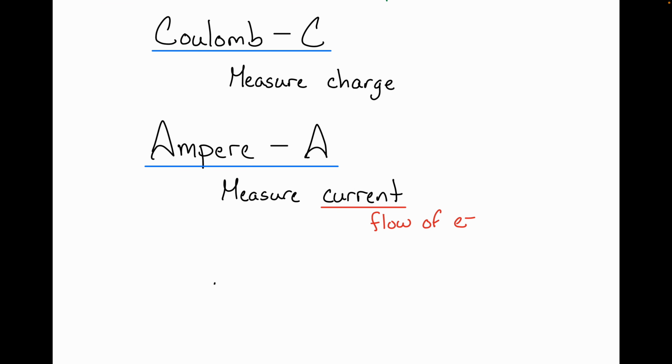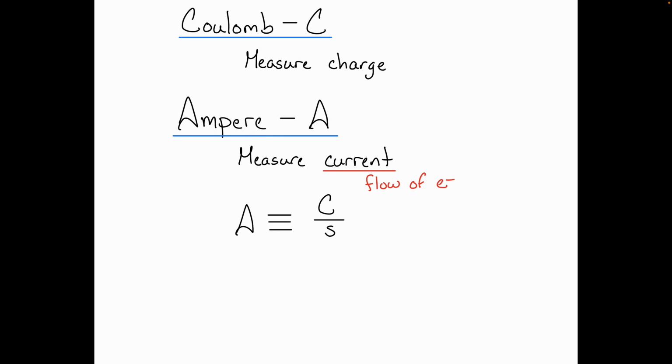An amp by definition, and I'm going to use this fancy three-pronged equal sign here to indicate this is how it's defined, is a coulomb per second. And the last one, arguably the most important one for this topic, is volts, capital V.